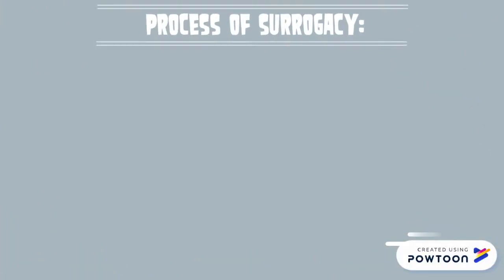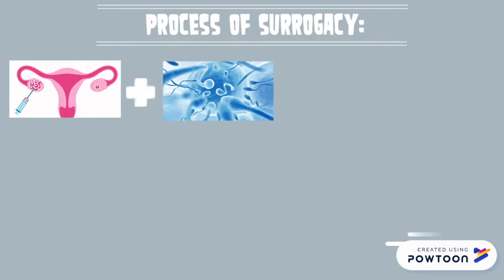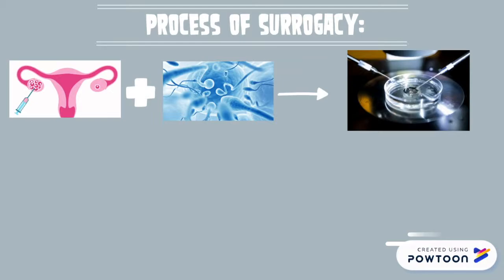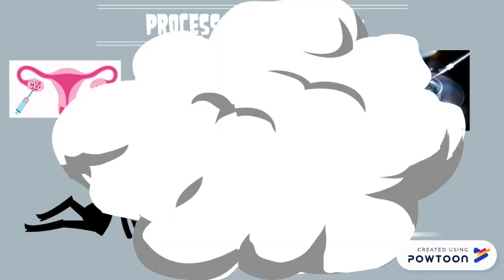The process of surrogacy includes the removal of an egg from the intended mother or anonymous donor, to which the egg is then fertilized with the sperm of the intended father or anonymous donor. The fertilized eggs or embryos are then transferred to a surrogate using IVF, who carries and delivers the baby.